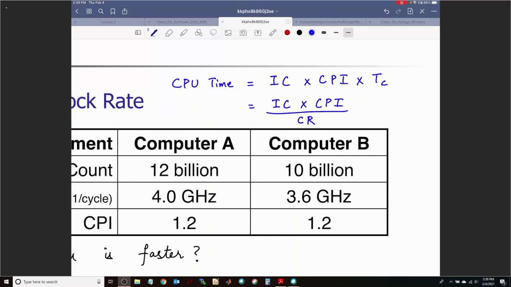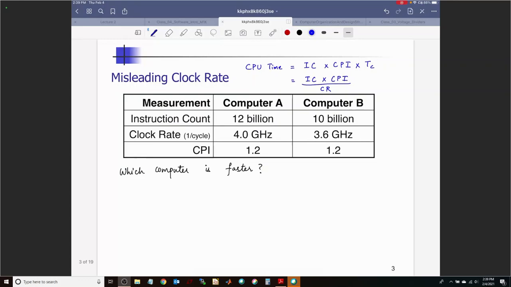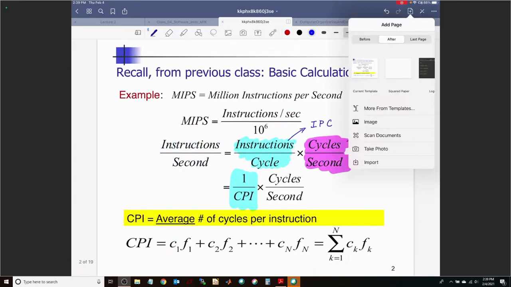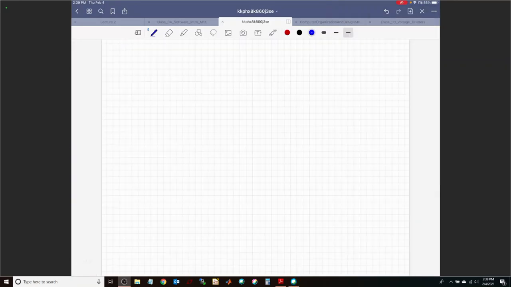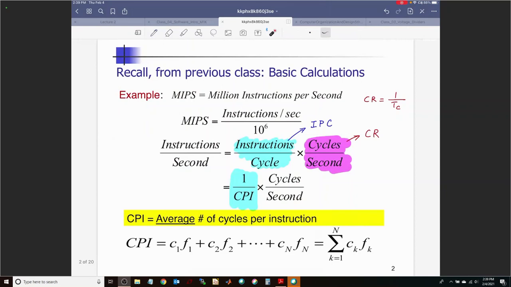Let's actually do that. I'm going to go back here and add a slide after to write MIPS the way we wrote it, which was 1 over CPI multiplied by clock rate, and we also had to divide by 10 to the 6 because it is million. This is exactly the same equation as the one right here: 1 over CPI times clock rate, and since I'm writing MIPS, I'm also including 10 to the 6.